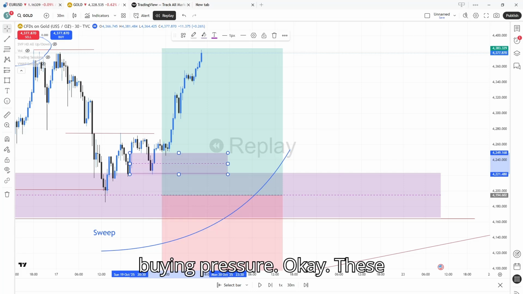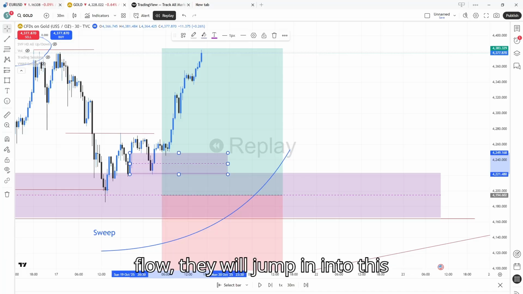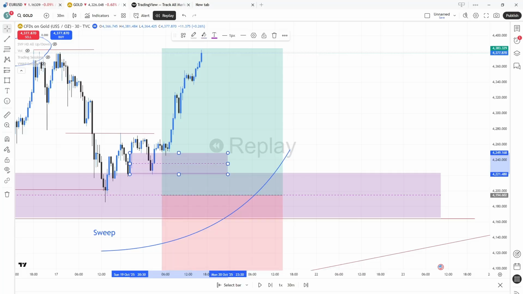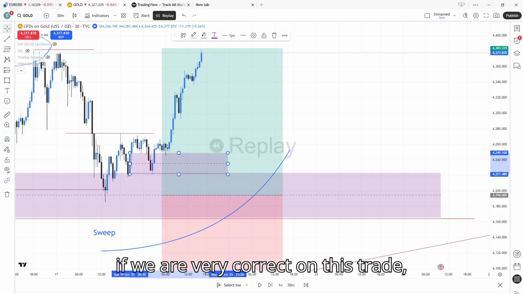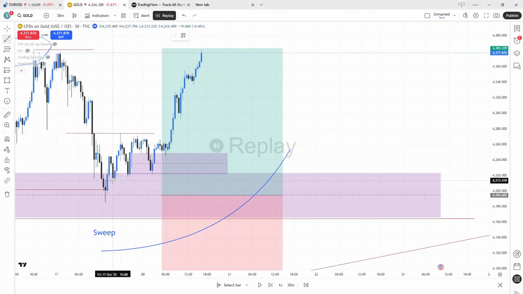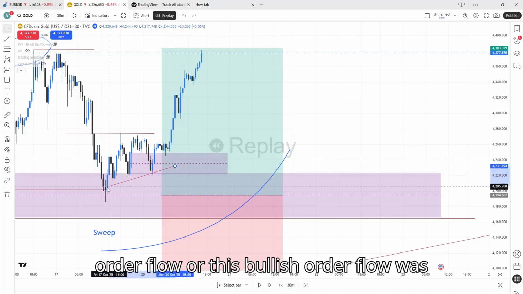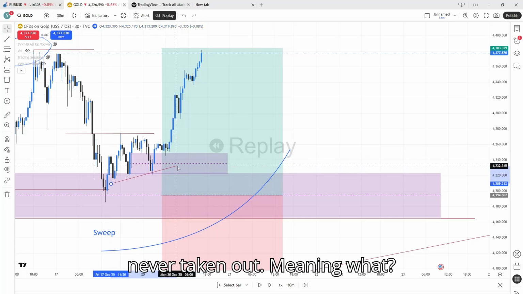Okay, these liquidity events are where all the smart money traders who understand order flow will jump into this order. And mind you, if we are very correct on this trade, this bullish order flow was never taken out.